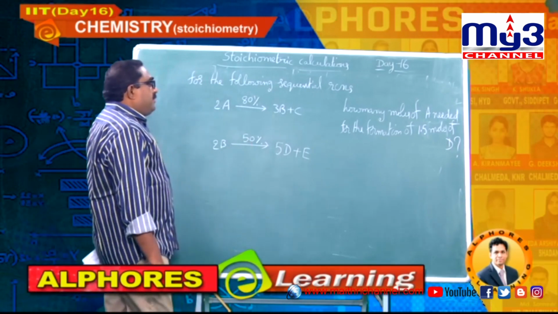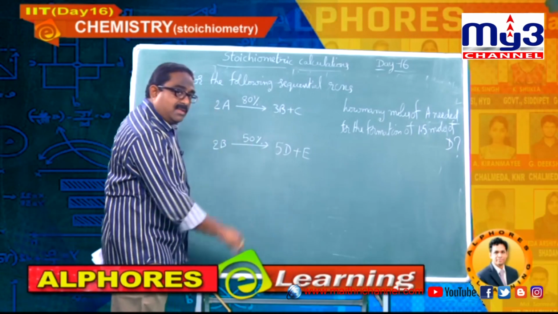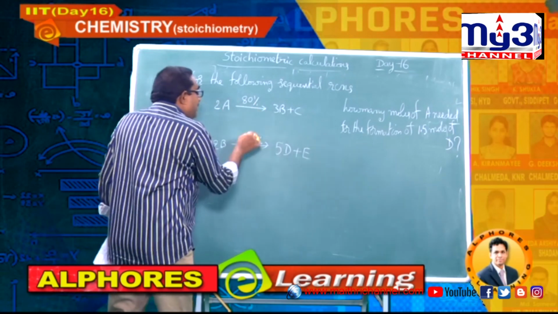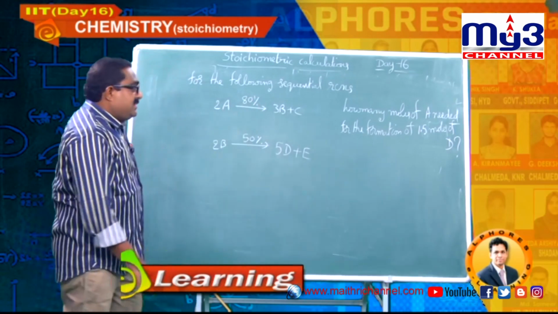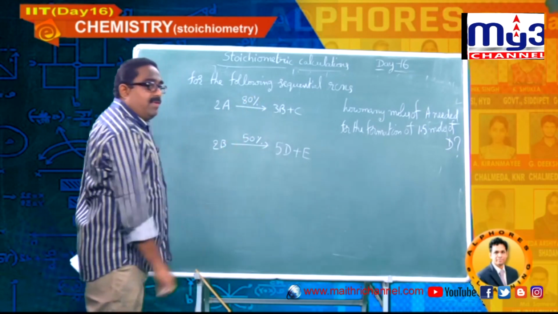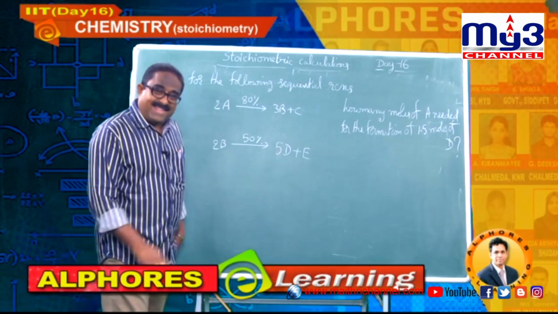If you observe this carefully, it involves two concepts: sequential reactions and percentage yield. Percentage yield of first reaction is 80 and that of second reaction is 50. Now you have to apply both the concepts at the same time.